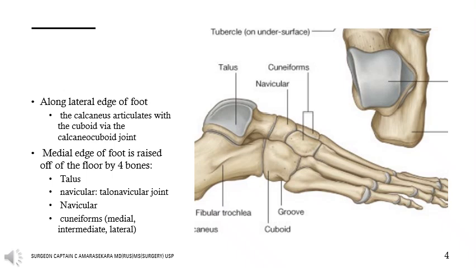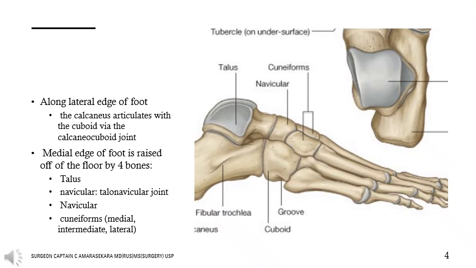This joint contributes to the lateral column of the foot, which is more rigid and supports stability during stance. In imaging, this joint is often evaluated for alignment, degenerative changes, and post-traumatic disruption, especially in lateral beam entry or when assessing foot fractures.